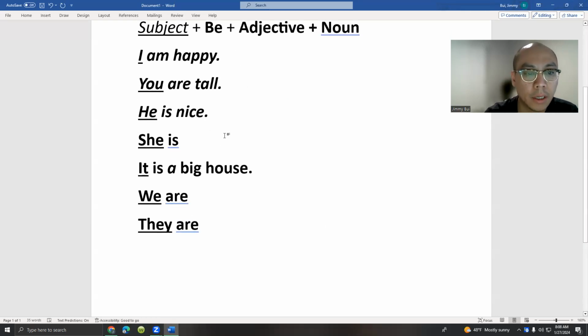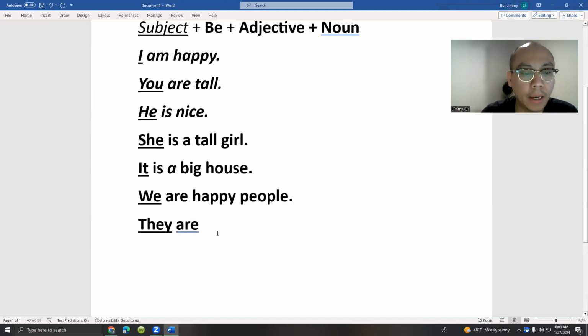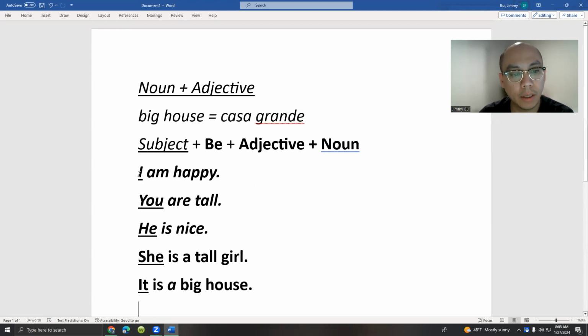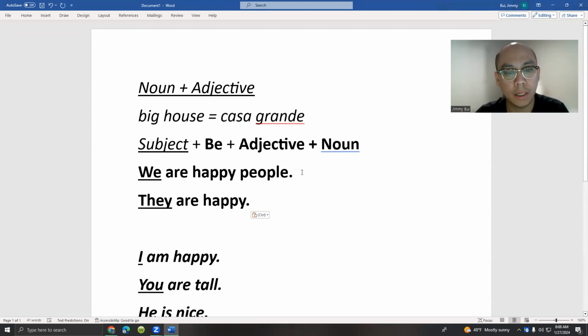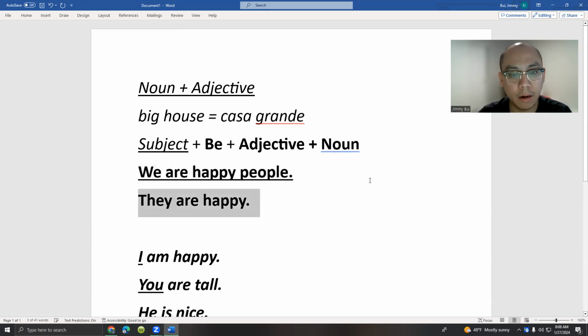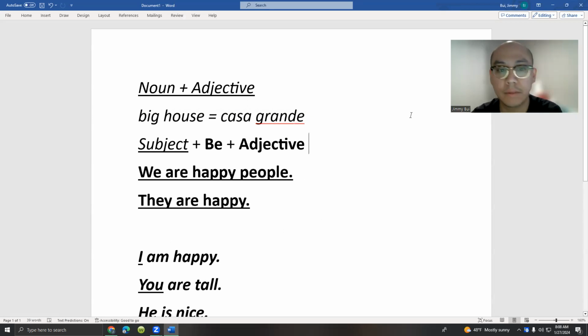She is a tall girl. We are happy people. They are happy. The difference here is that one follows subject, be, adjective, and they are happy does not specify the noun, right?